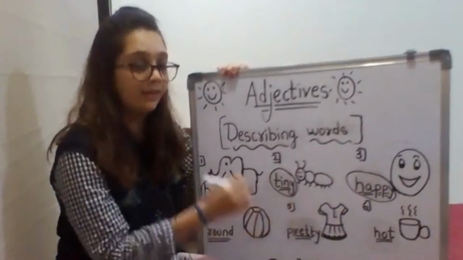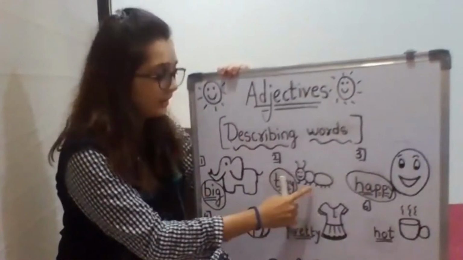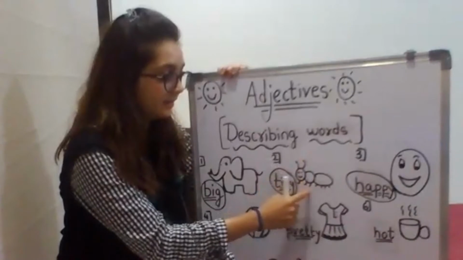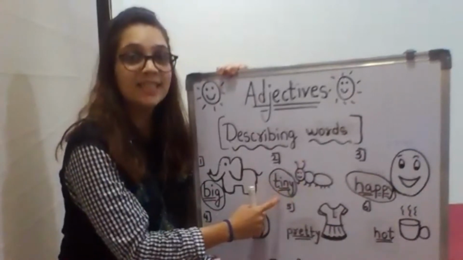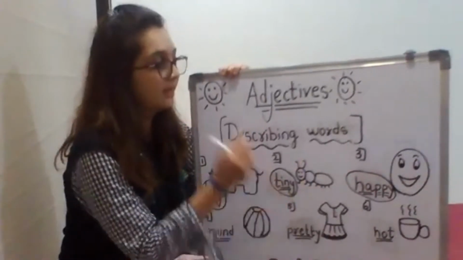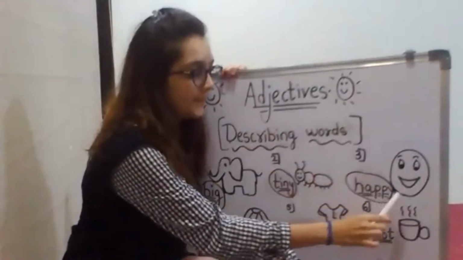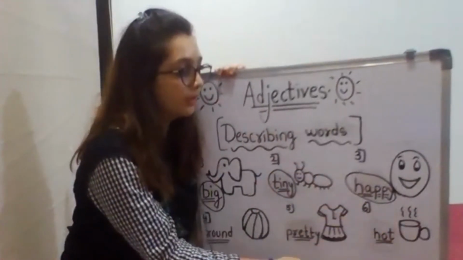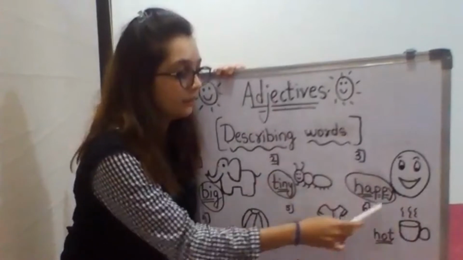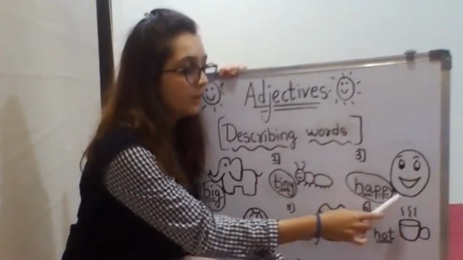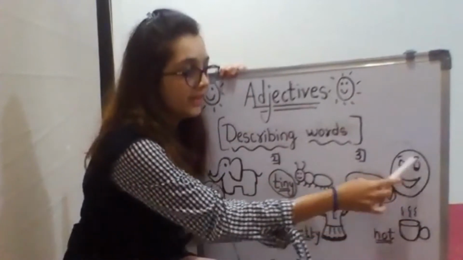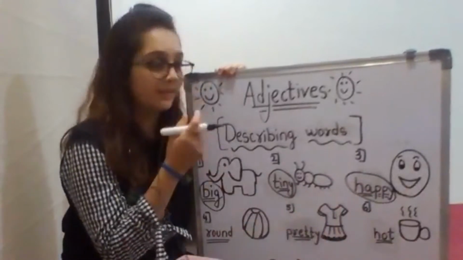Over here, ant is a noun. That's why ant is described with the word tiny. Next is happy face. So over here, the word happy is described with the face because it's saying the face is happy.